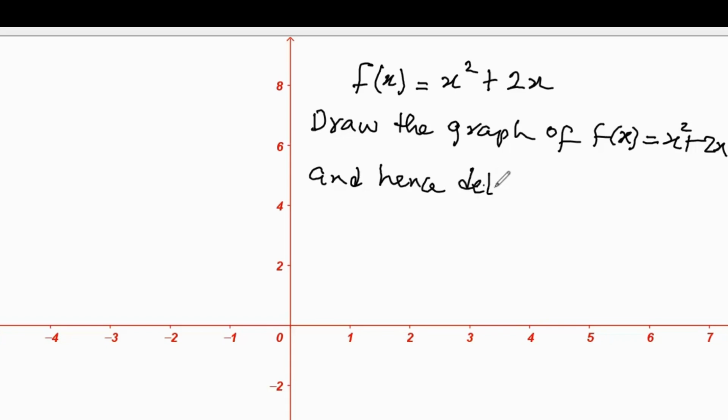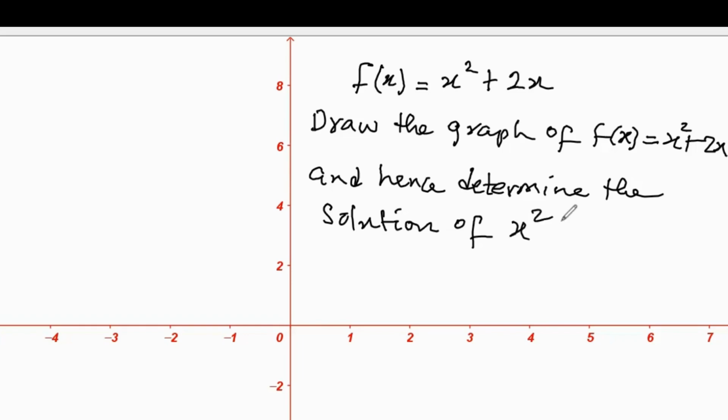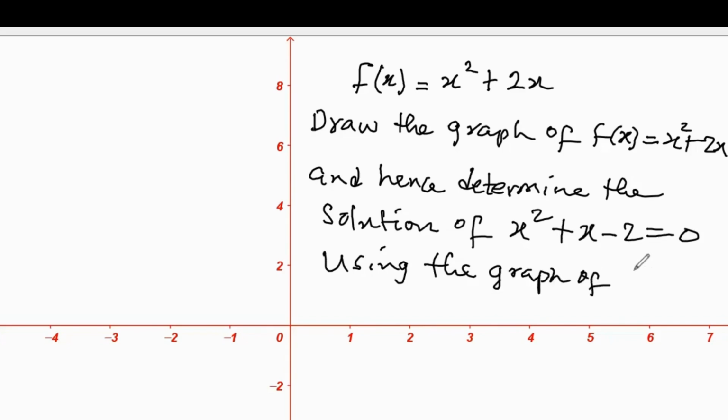determine the solution of another quadratic equation, x squared plus x minus 2 equals 0, using the graph of f of x.